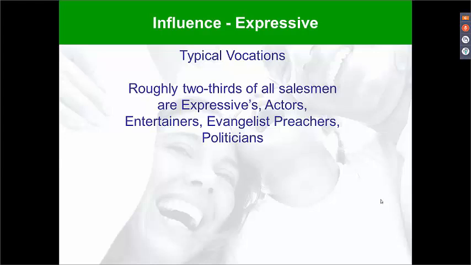With me, my primary category has always been the influence and expressive, and my secondary characteristic is the dominant. So as we move through each one of these, try to identify people that you know in your life, or maybe people that you've dealt with in this business, and see if you can identify those people. That's where your training ground is going to begin.